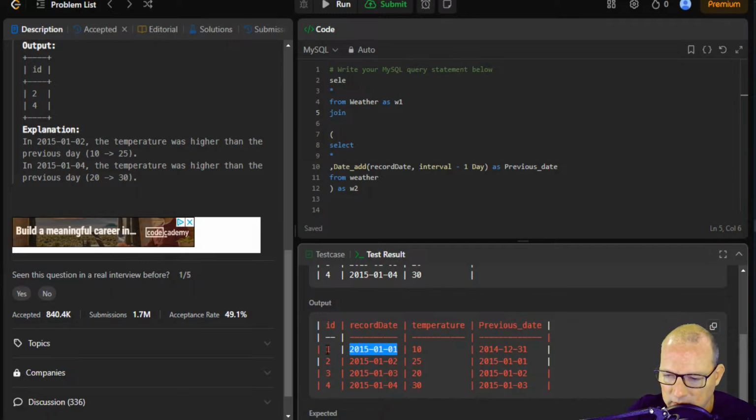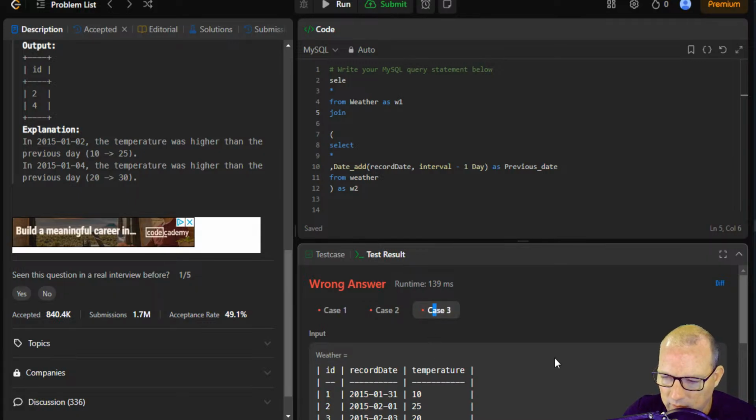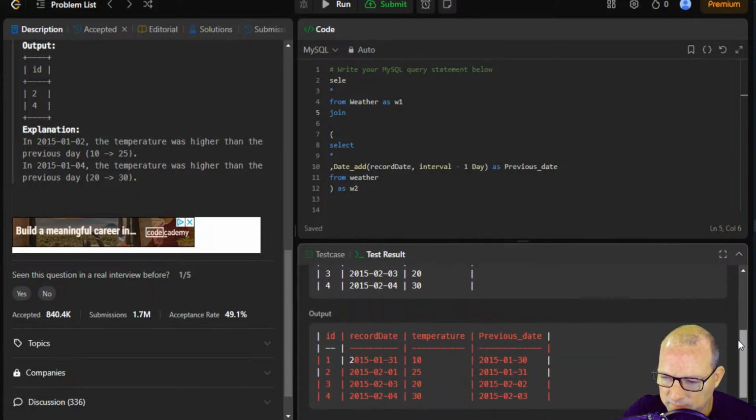Because we want this up here, and then we're going to do a comparison with 10 to 25. And the reason why this also works is when we're here, this will not join.